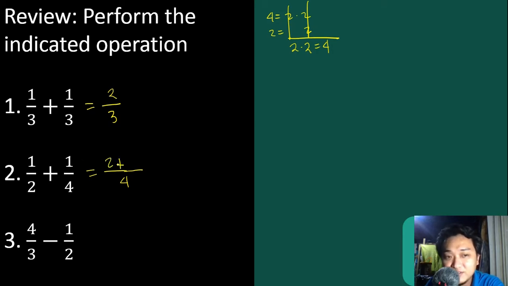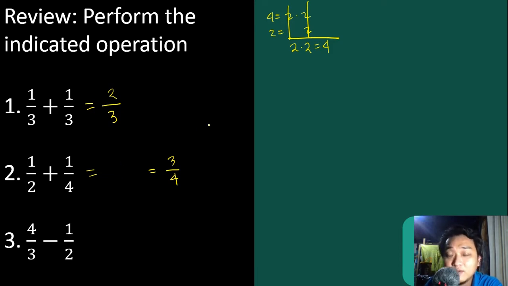Copy the operation, plus 4 divided by 4 is 1 times 1 is 1. So the answer is 2 plus 1 is 3 over 4 or 3/4.